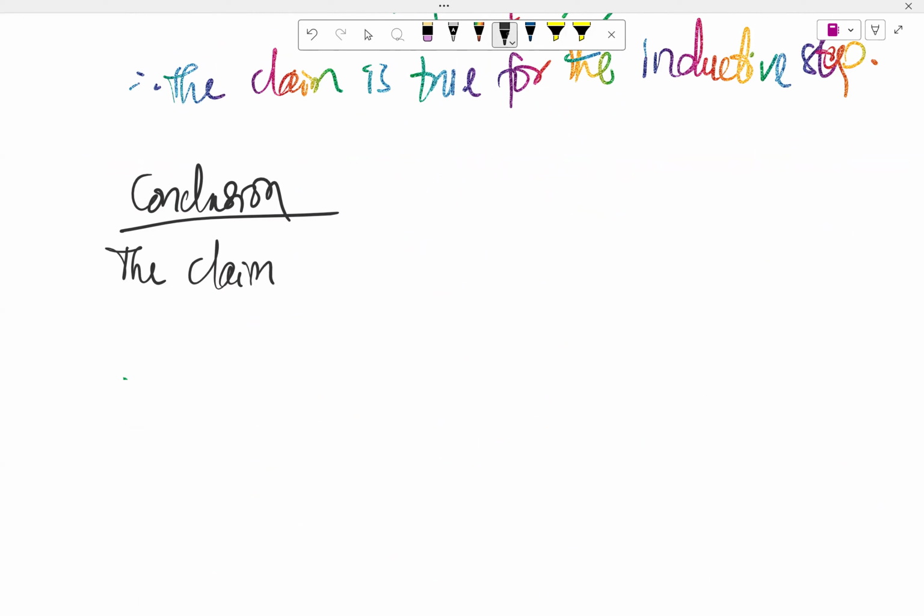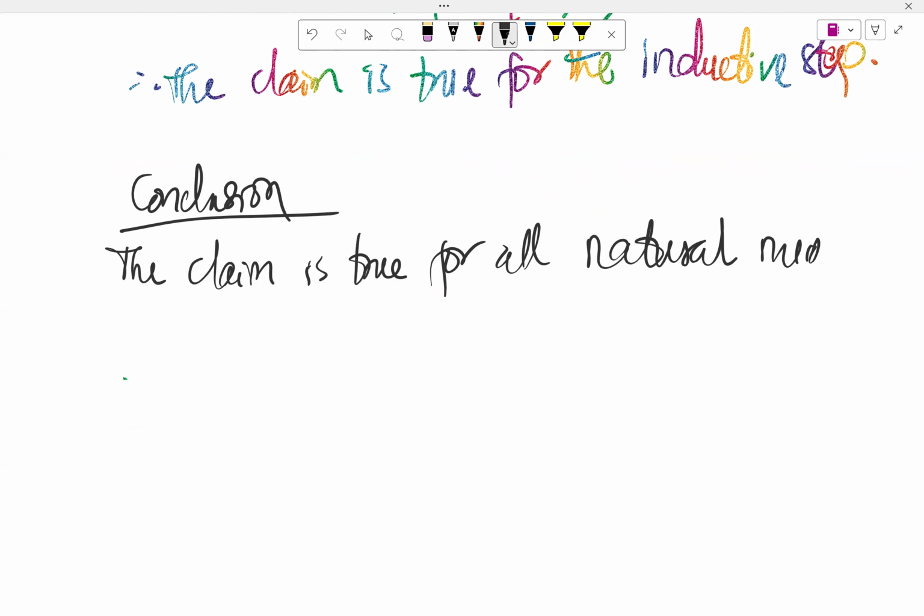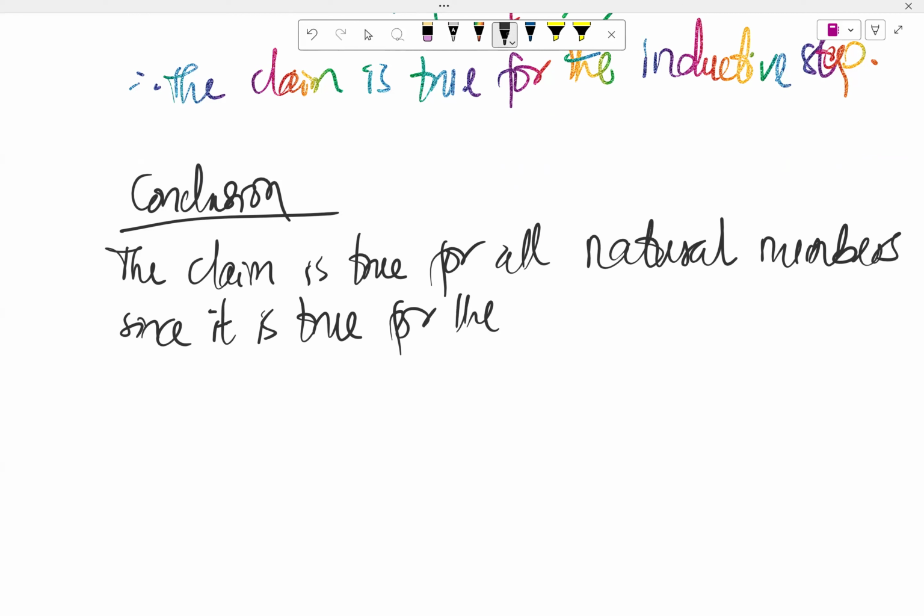Since we've named the claim already, you can just say the claim is true for all natural numbers, since it is true for the base and inductive steps.